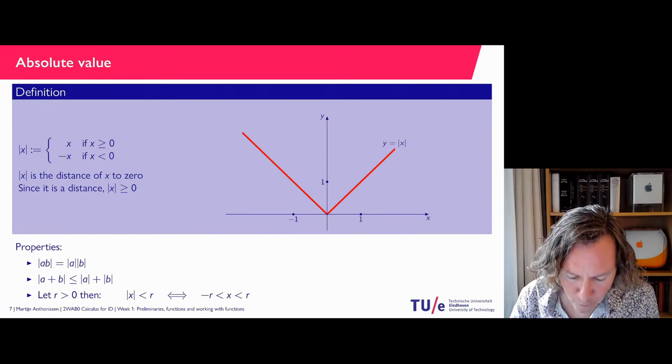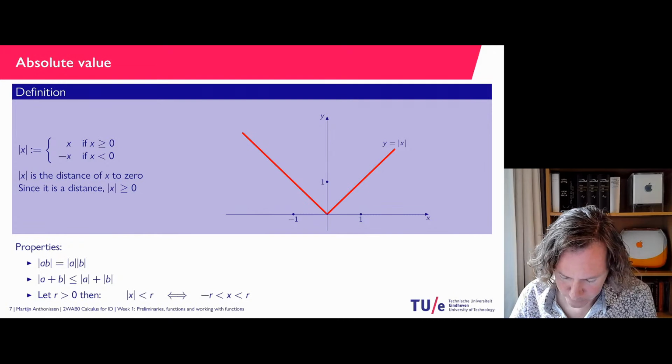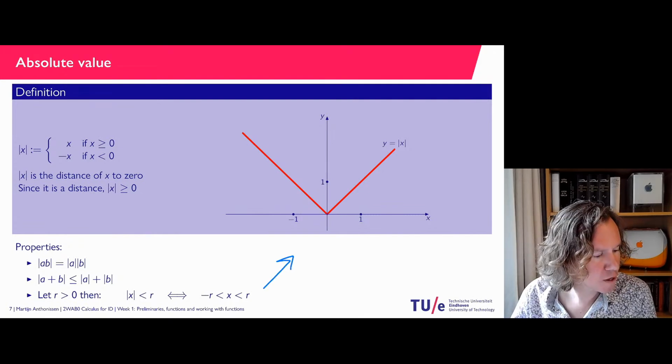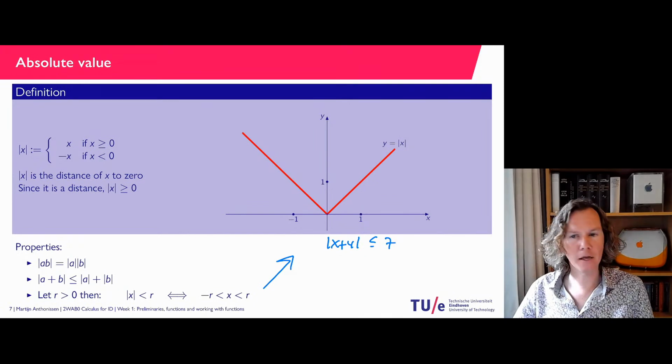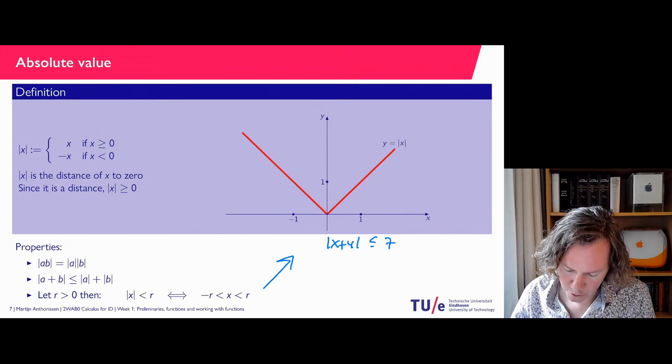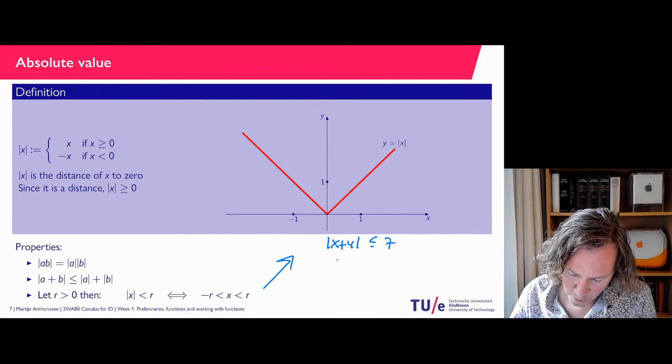As an example of this latter thing, if you have the inequality absolute value of x plus 4 is less or equal 7, then you can solve that using this rule. So you get minus 7 is less or equal x plus 4 is less or equal 7.